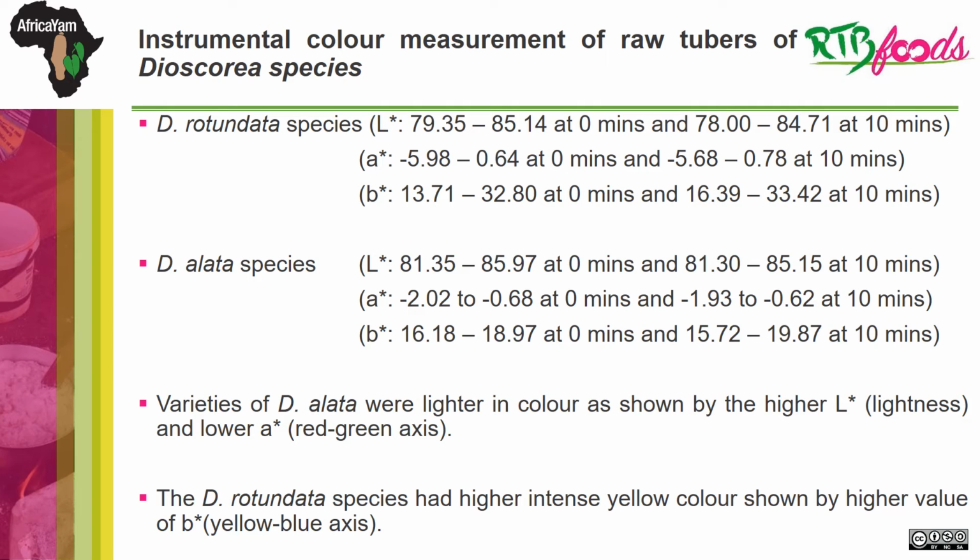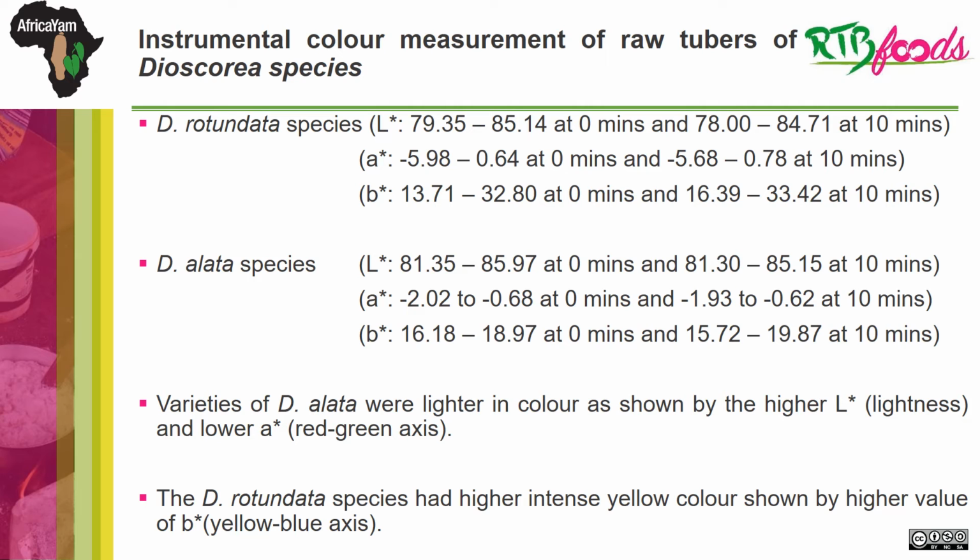We normally measure at 0 minutes, immediately after peeling, and then at 10 minutes, in order to calculate the browning rate or the browning index in the yam varieties.